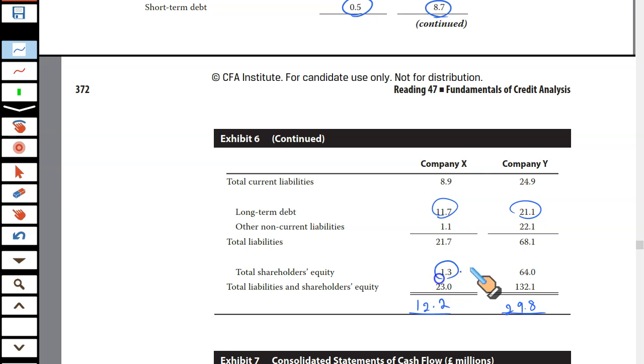Debt plus equity, that is 12.2 plus 1.3, which will give you 13.5, and in this case 29.8 debt plus 64 equity gives total capital of 93.8. Now if you calculate debt upon capital for both of these, it will be 90.4% for X, and for Y it is 31.8%. So this is one of the first options, A.